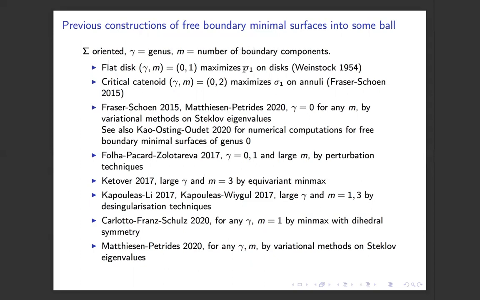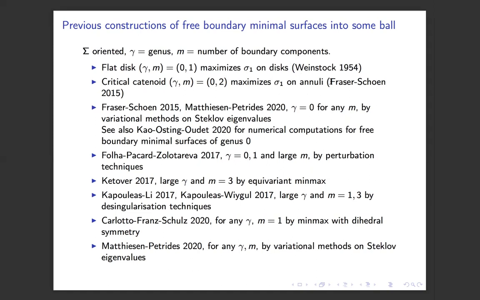First, if we maximize the first Steklov eigenvalue on disks, you only get the flat disk. And the proof of this result is exactly the same as Hersch's theorem in the closed case. And the minimal immersion you get is just the identity map between the flat disk and the flat disk.